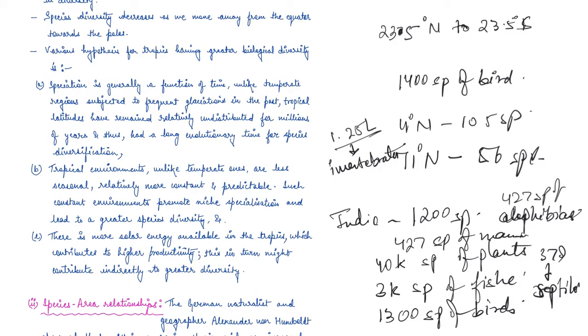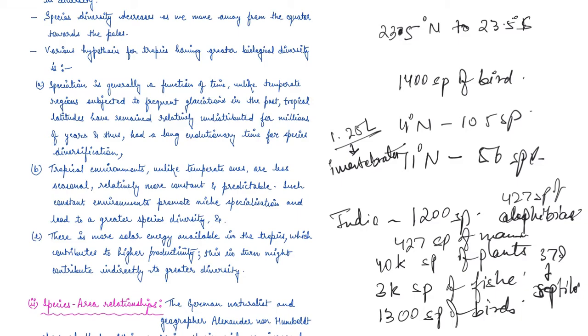The more stable that particular area is, the more time there is for evolution, and the more species diversification happens. The more disturbed the environment is, the less time is available for evolution and the less species diversification will happen. So that is the first reason.